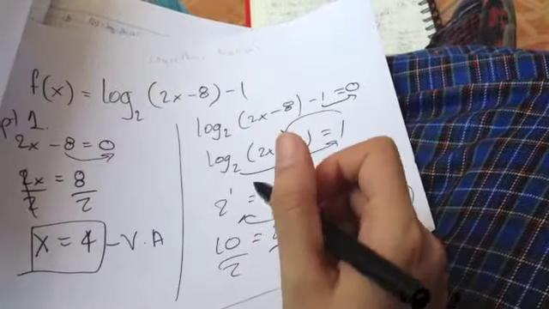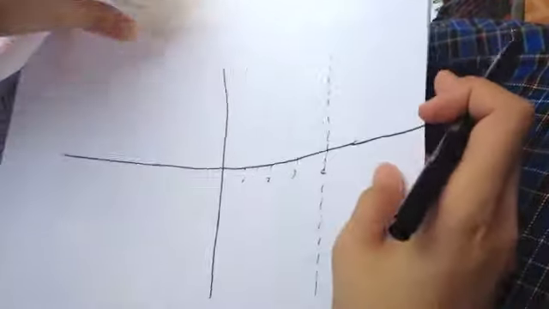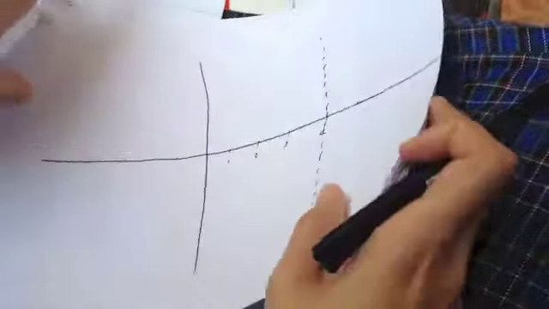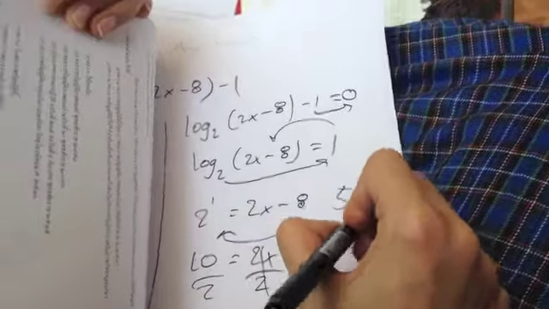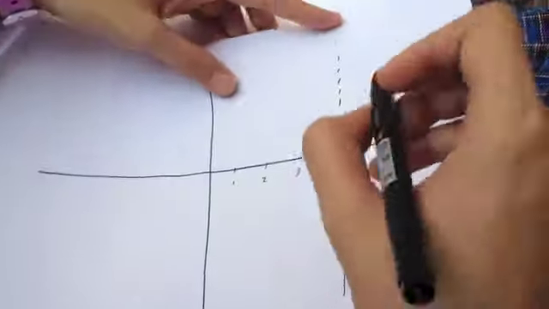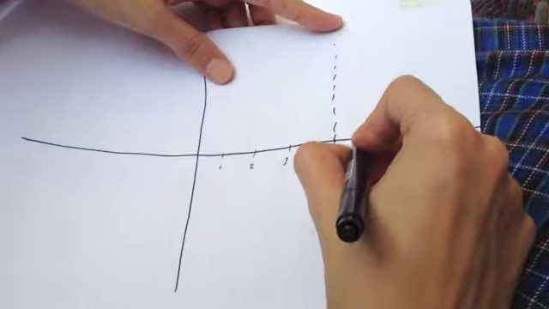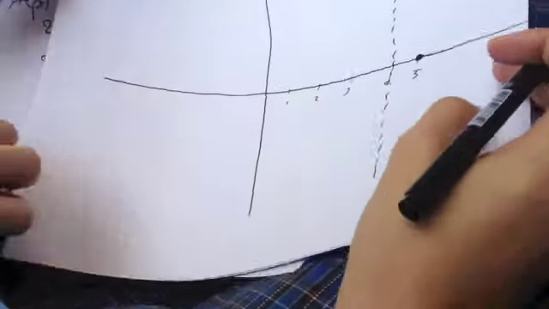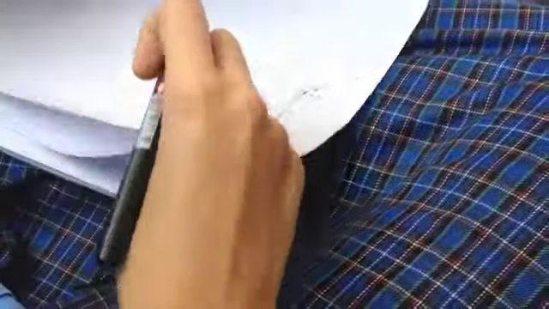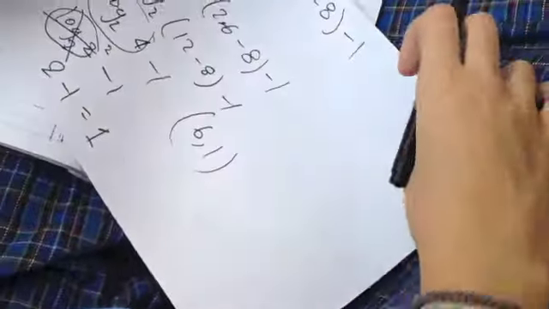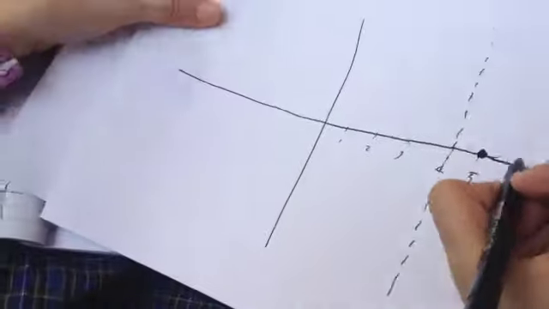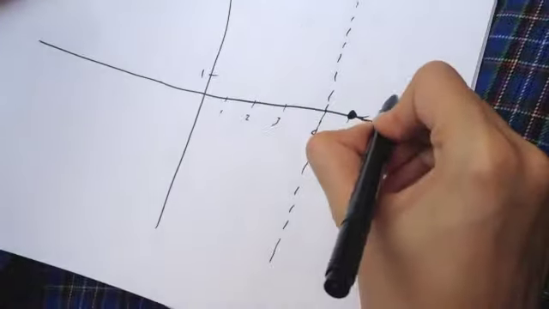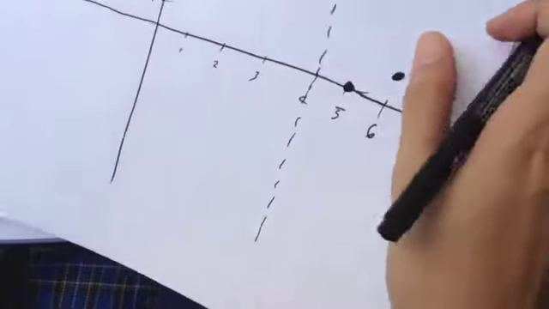And for the next one, we found the x-intercept, 5, and this one is going to be 5, 0. So this is 5 and 0. The dot is going to be here, the first dot. And the second dot, which we've done, is this one, 6 and 1. So there's 6, and probably this is 1. So there, this is the second dot.